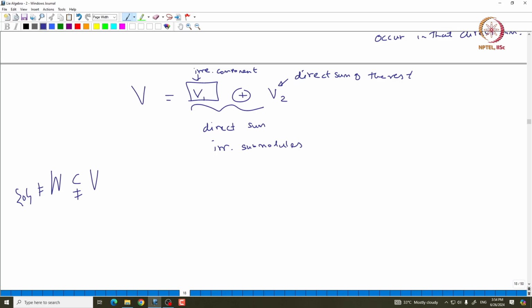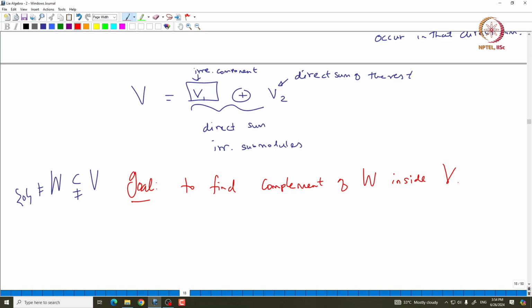So, now W being proper inside V, what is our goal? Our goal is to find a complement of W inside capital V. Okay. So, that means we need to find W dash such that V is equal to W direct sum W dash.